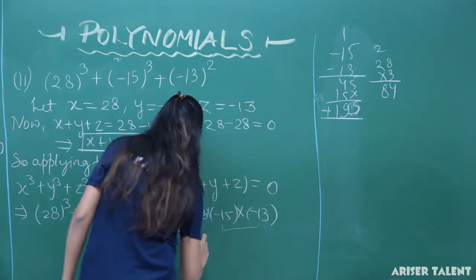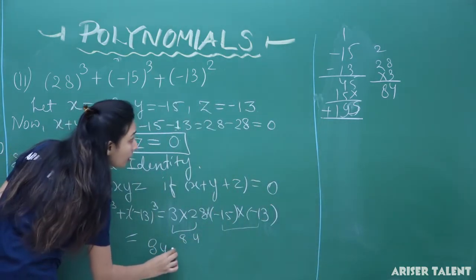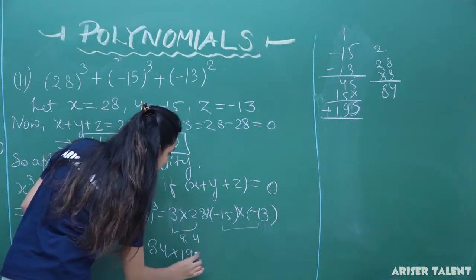So we will get 84 multiplied by this 195.